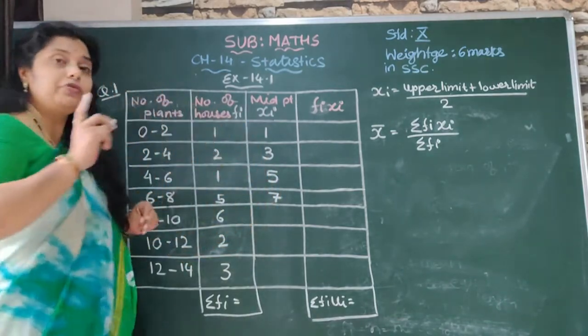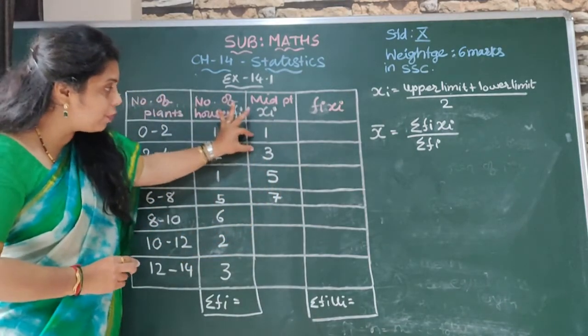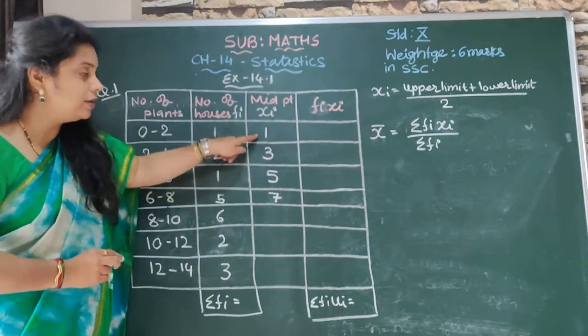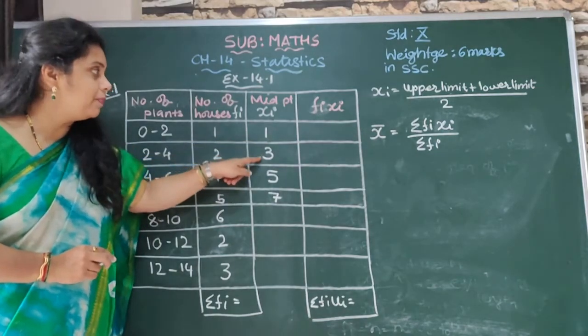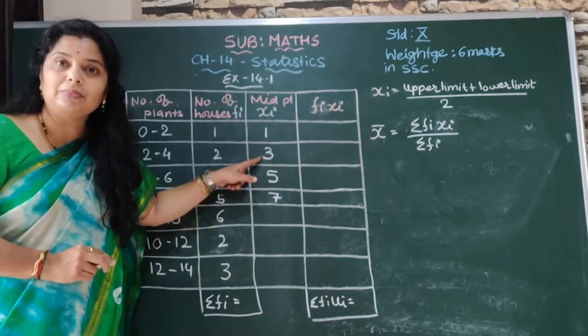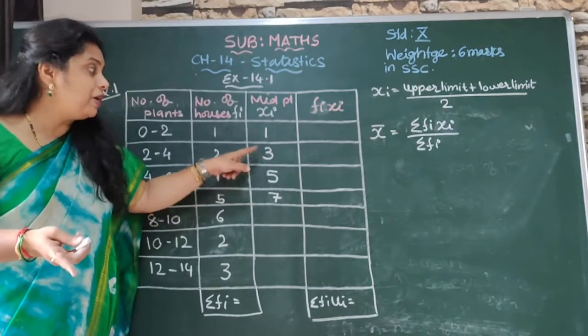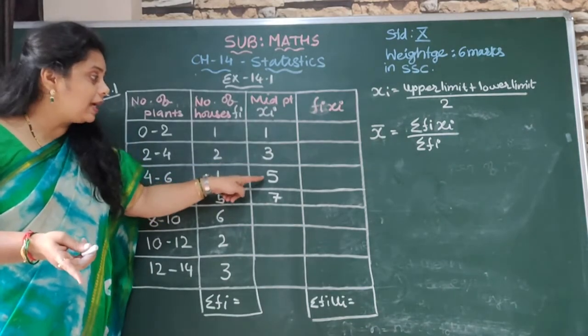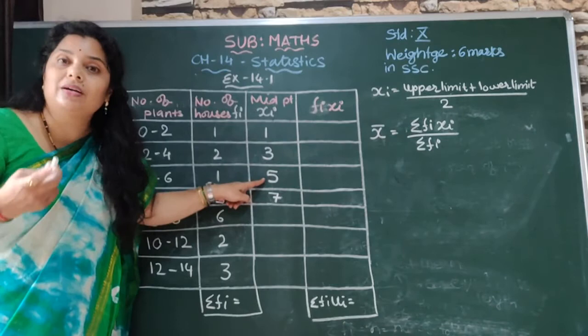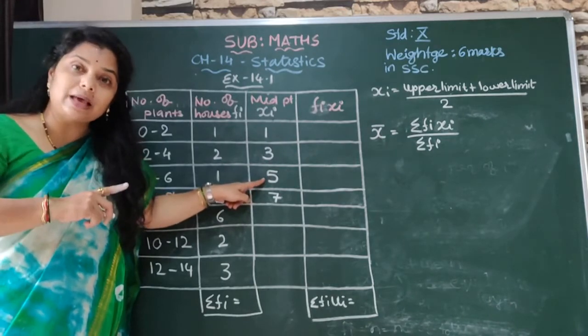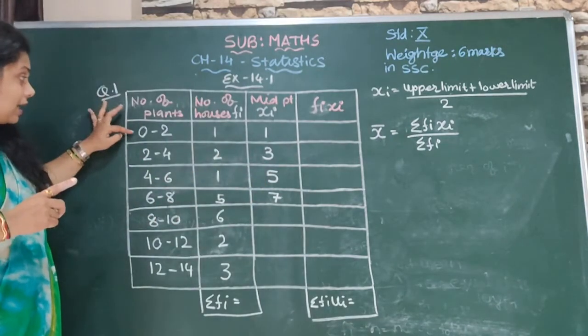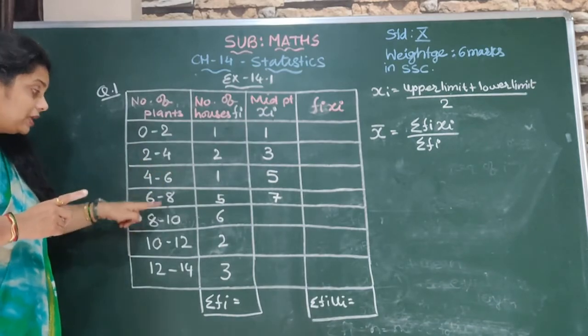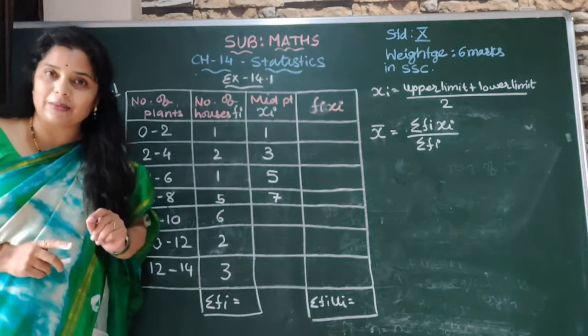Now, if you notice, there is a gap of 2. If we add 2 to 1, we will get the next midpoint, meaning the midpoint of the second class. If we add 2 to this, we will get the midpoint of the third class, like this. Why did this happen? Because the class length of each class is the same.